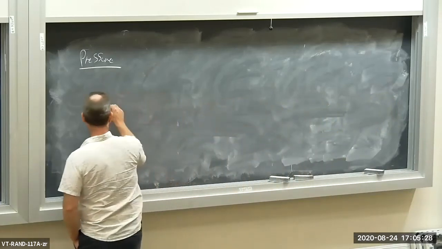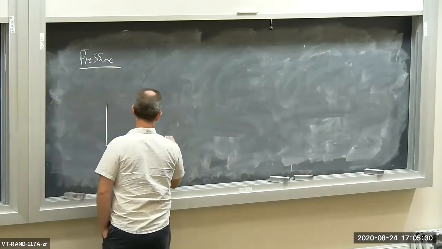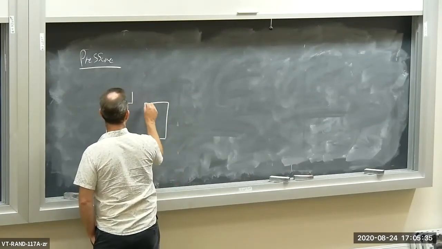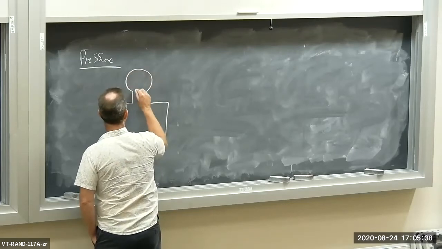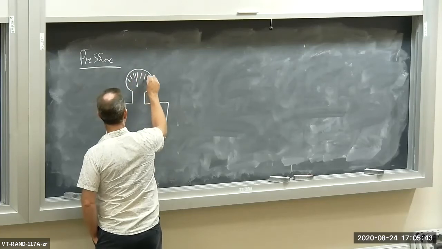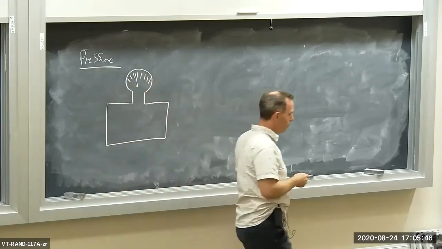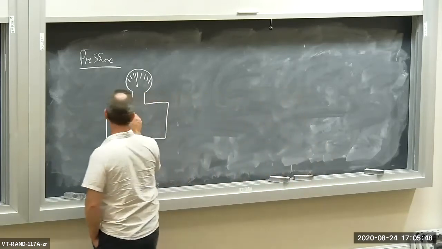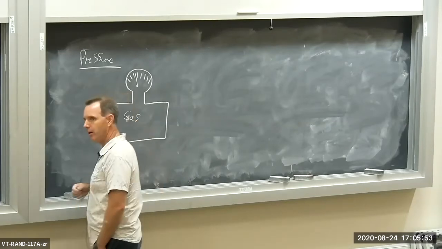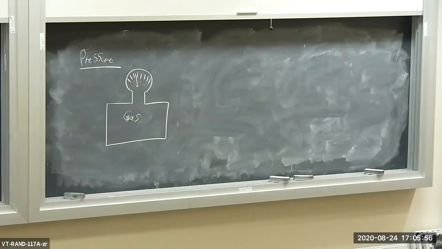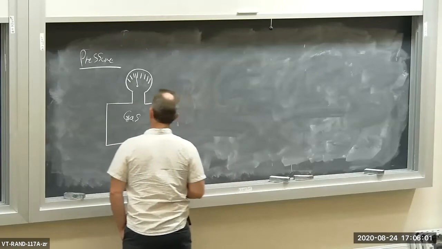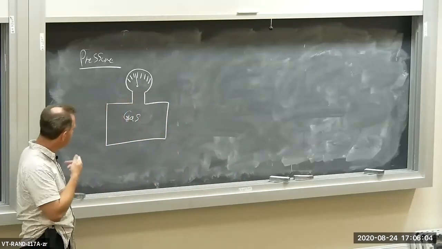Let's say we have a tank, and on top of the tank is a pressure gauge. So there's our pressure gauge. We have some kind of a gas in here. Now, there are 3 relevant pressures for this situation.